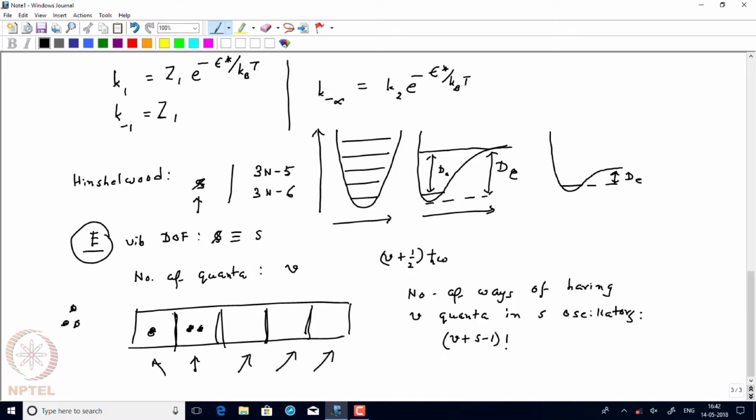So I have to divide by the number of ways the quanta can permute among themselves, which is V factorial, and the number of ways the partitions can arrange among themselves, which is S minus 1 factorial.